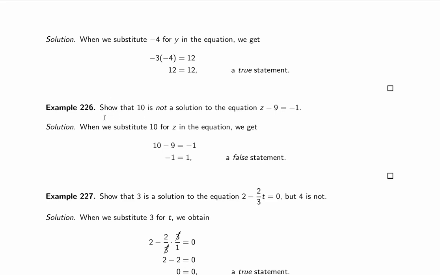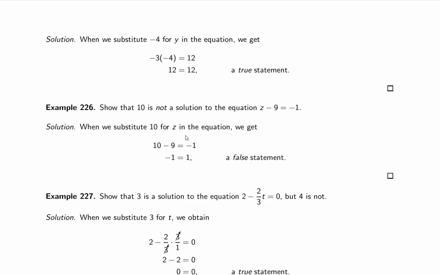Next example, show that 10 is not a solution to z minus 9 equals negative 1. So if you replace that z with 10, we're getting 10 minus 9 on the left. So that's 1.